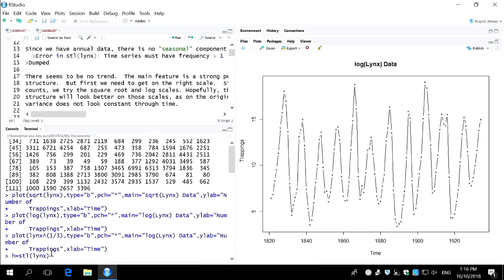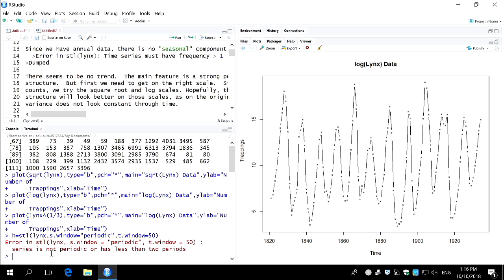I won't even bother with s.window equals periodic, might as well bother. t.window equals 50, that'll do. Doesn't much matter. It's just going to give me an error anyway, right? Series is not periodic or has less than 2 periods. In other words, frequency is 1. That's R's way of telling you that the frequency is 1.